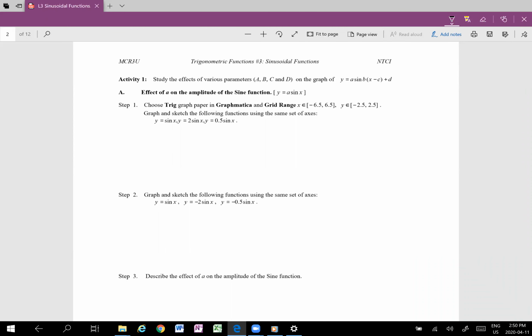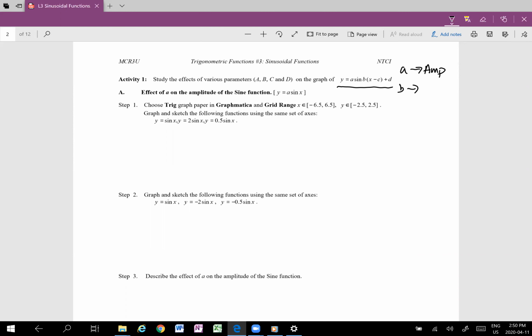Activity 1 says, first study the effects of the various parameters a, b, and c on the graph of y equals a sine b(x minus c) plus d. If you already watched the previous video, I've already talked about what a, b, c, and d relate to. Notice, a stands for the vertical stretch, b stands for the horizontal stretch or compression, c stands for the horizontal shift, and d stands for the vertical shift. However, a lot of you actually understand that a kind of relates to amplitude.